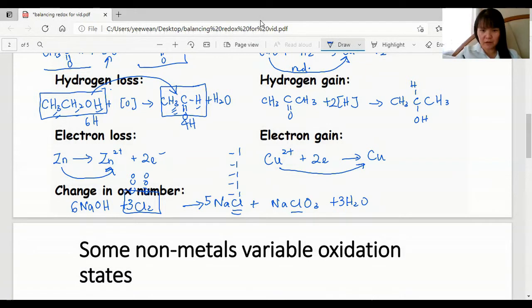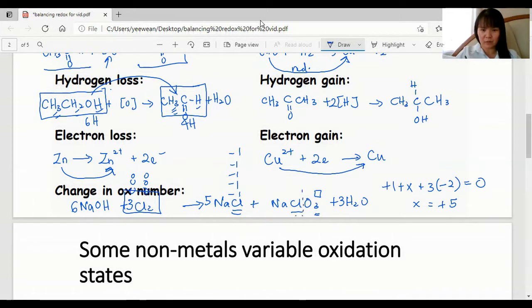Each of these oxygens would be -2, and there are 3 of them. We don't know what Cl is, and Na is +1, equals 0, as in no charge here. So X is +5. So we treat it as if this was ionic, but it's actually not.